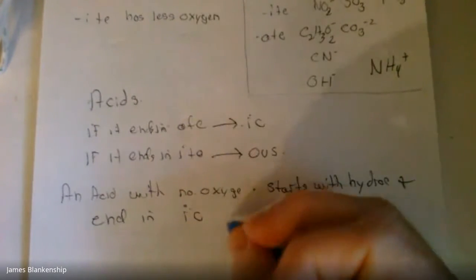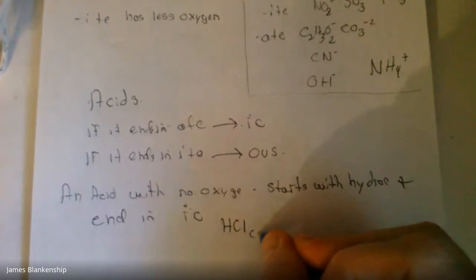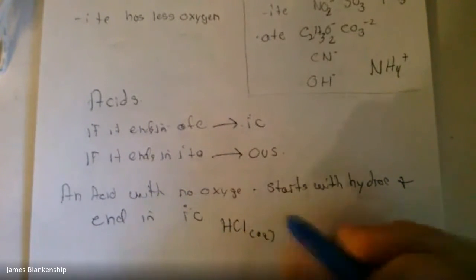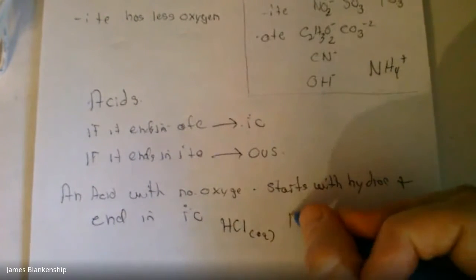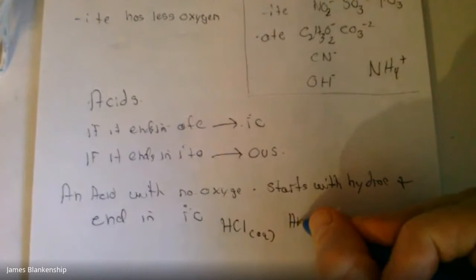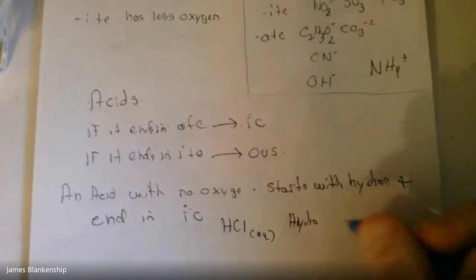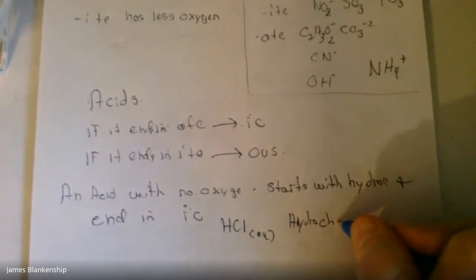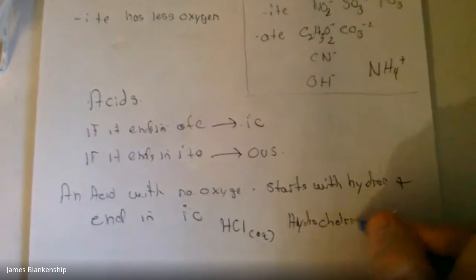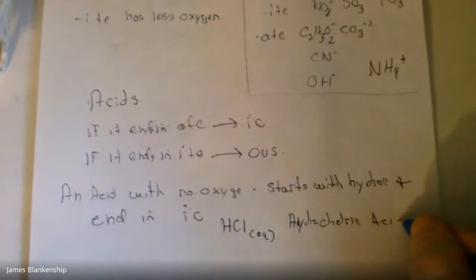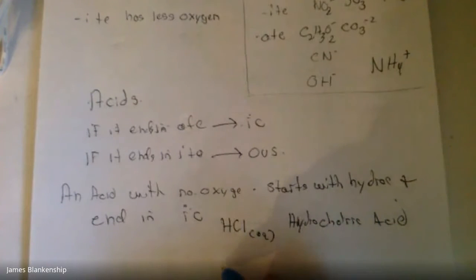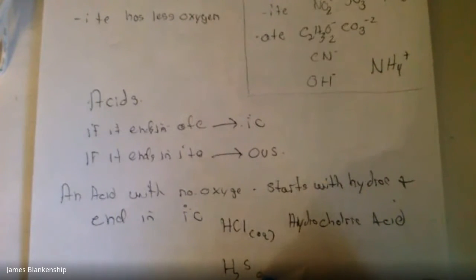Let's look at an example. Let's say we have HCl, and it's an acid, which means it's written as aqueous. Because there's no oxygen, we're going to call this hydrochloric acid. Another example, H2S.